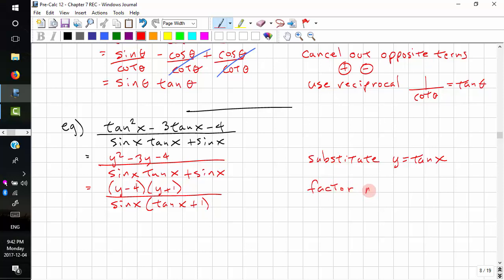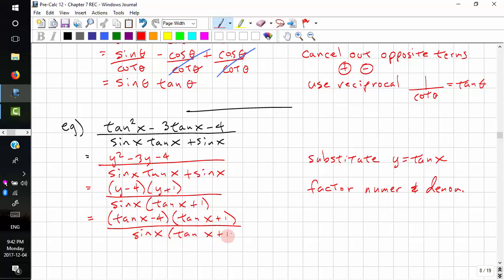Factor numerator and denominator. Now we need to substitute back. We have tan x minus 4, tan x plus 1 over sine x, tan x plus 1.